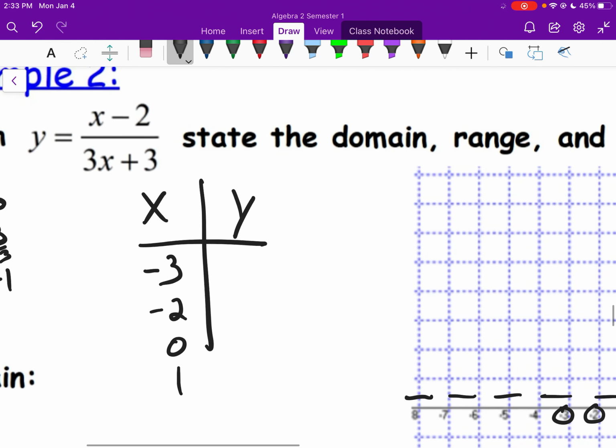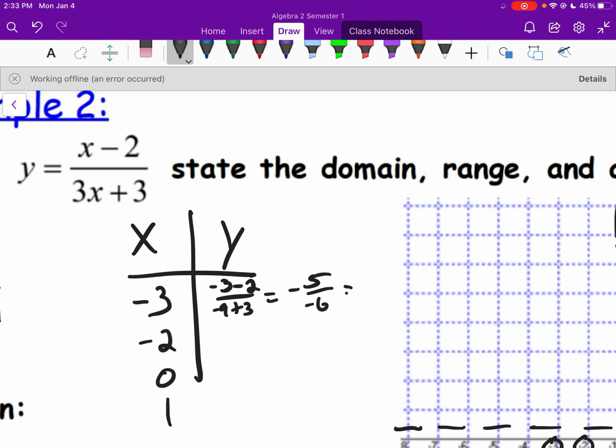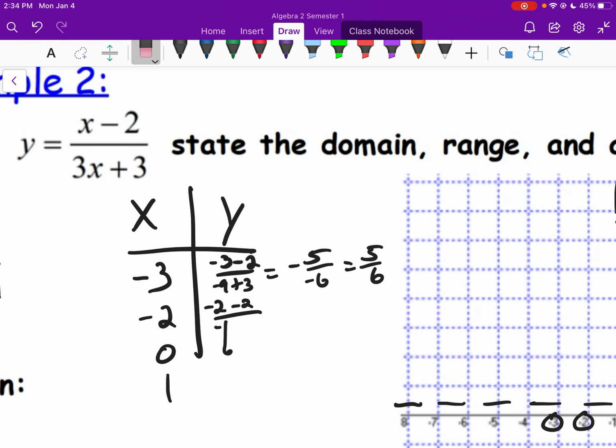Okay, so negative 3, that's saying negative 3 minus 2 over negative 3 times 3, which will be negative 9, plus 3, which will give us negative 5 over negative 6, or 5/6. Okay, for negative 2, that's going to be negative 2 minus 2 over negative 6 plus 3, which would be negative 4 over negative 3, or 4/3.